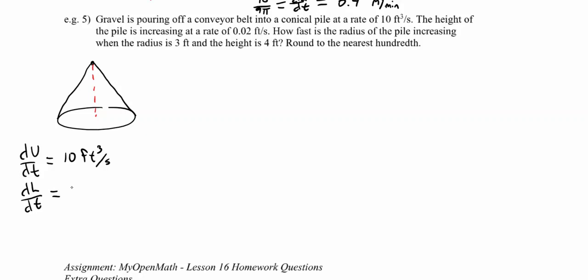That's going to be 0.2, or 0.02 feet per second. We're interested in when the radius is 3 feet, so I'll put in 3 for now, but that's at a specific moment, a changing value. And we know the height is 4 feet. We are after how fast the radius of the pile is increasing, so we're after dr/dt.